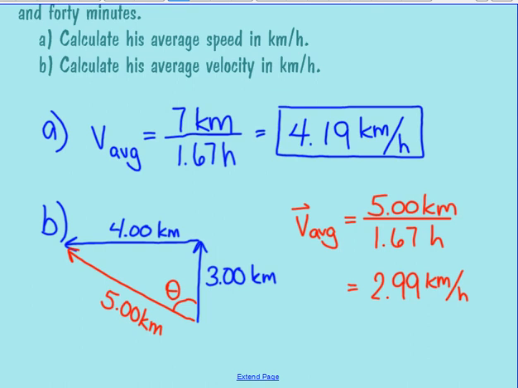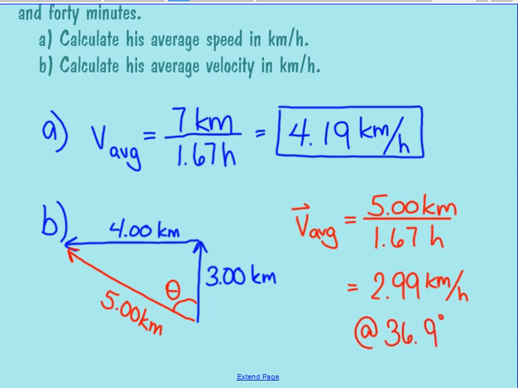So the tangent of theta is 4 divided by 3, or the inverse tangent of 4 over 3 equals theta. When I do that, I find that my angle is equal to 36.9 degrees.